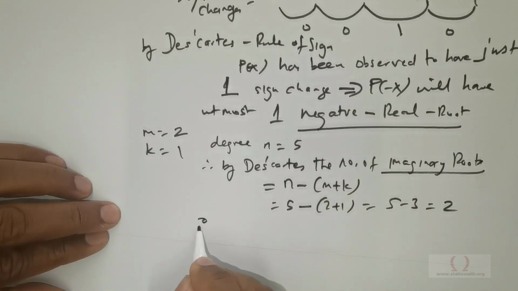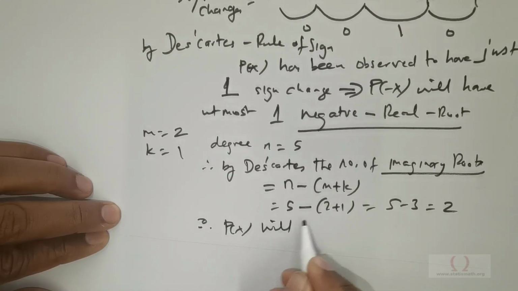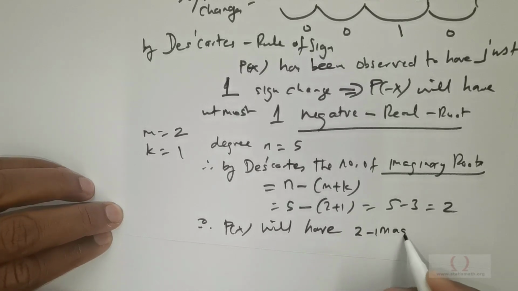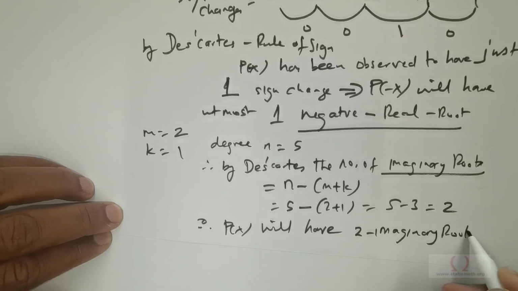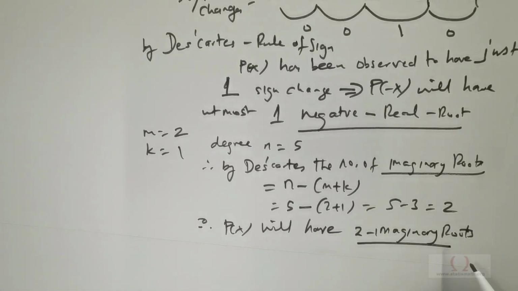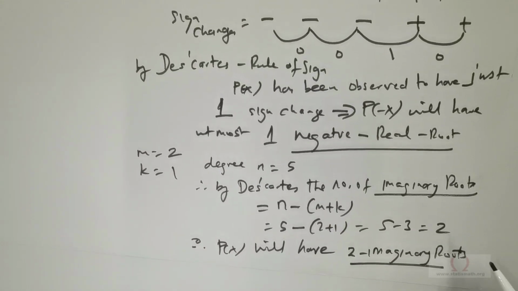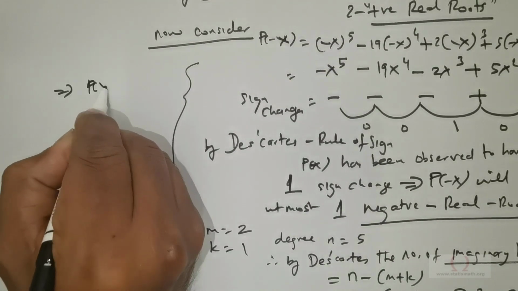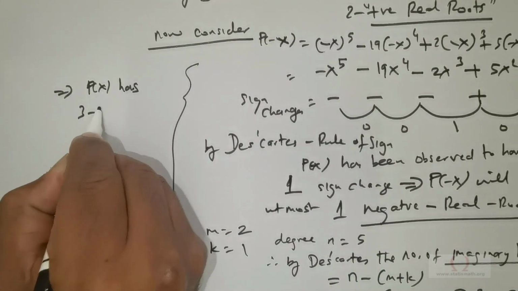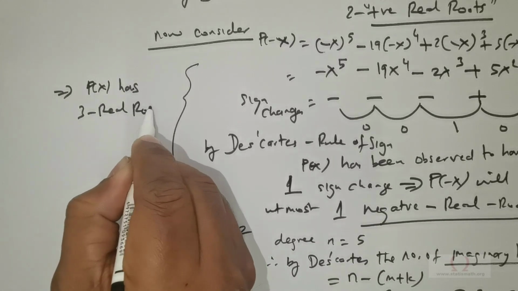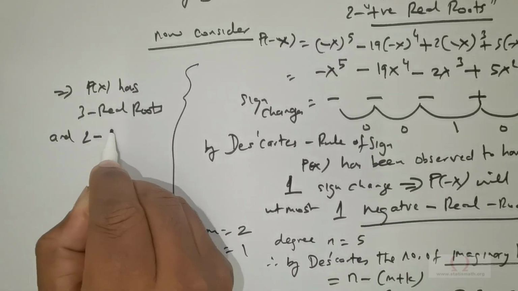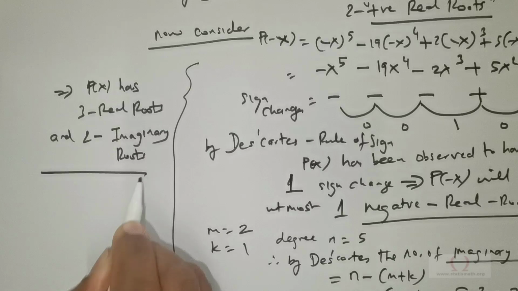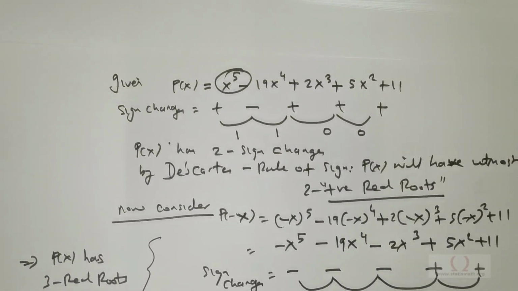So therefore, p of x will have 2 imaginary roots. So that would complete the solution for this question. So in all, p of x has 3 real roots and 2 imaginary or complex roots. So this completes the solution for this question.